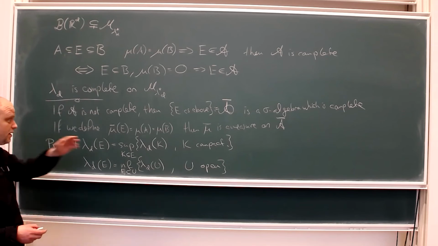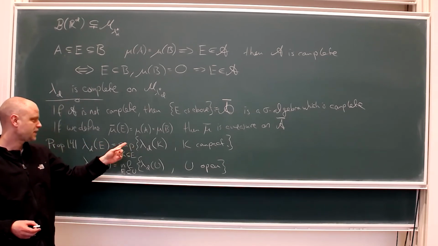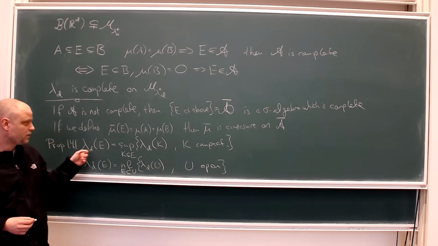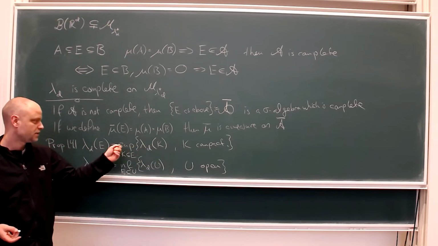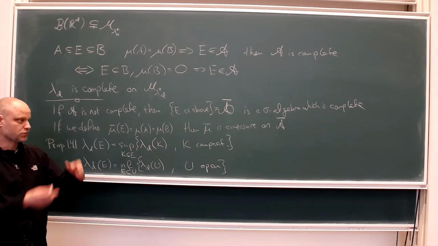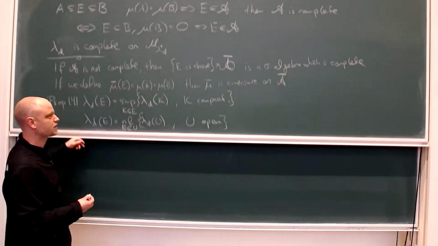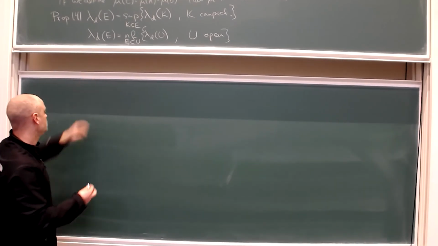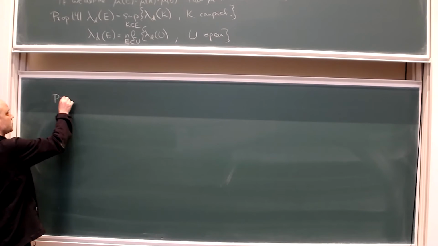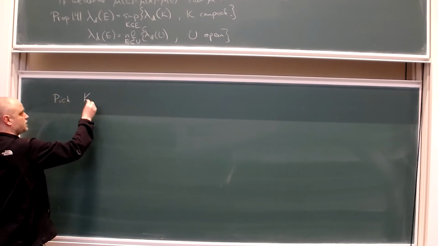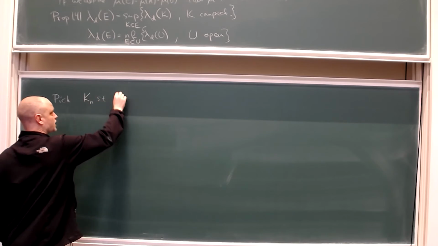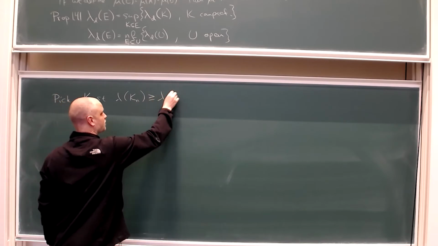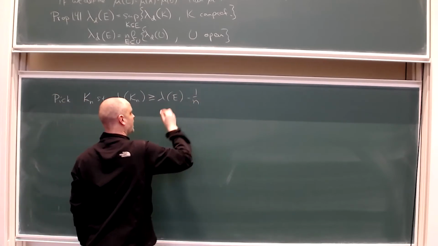Yeah, so how would we do? Well, here's a supremum, which means that if I go a little bit below this value, I can find a compact set such that this measure is bigger than, so let's take it like this, take sets K n such that the Lebesgue measure of K n is bigger than or equal to the Lebesgue measure of E minus 1 over n.